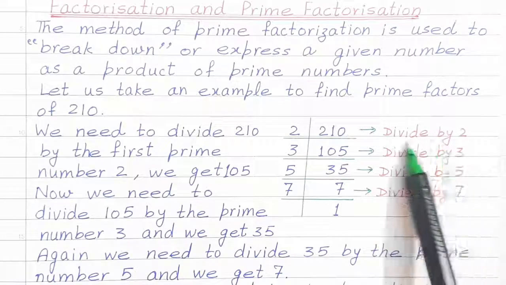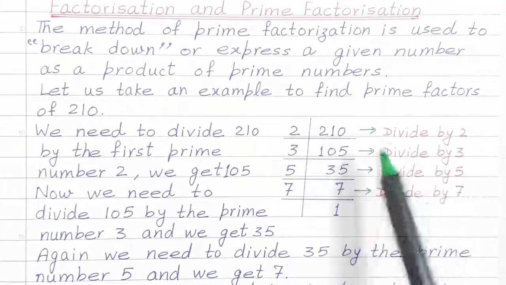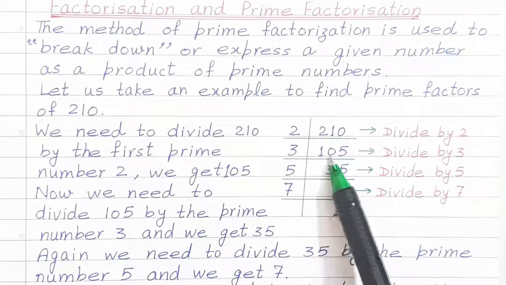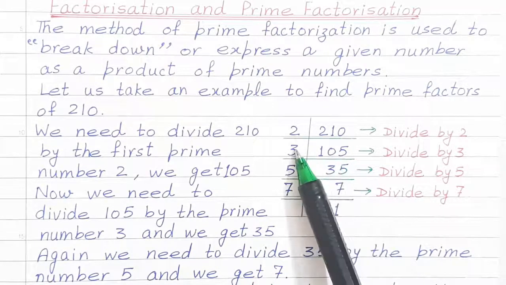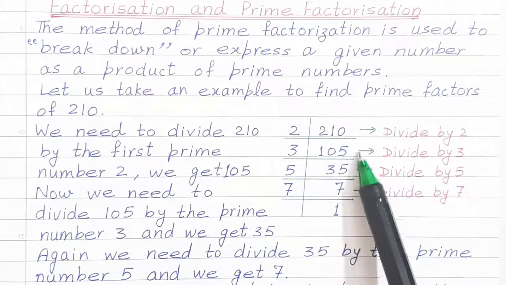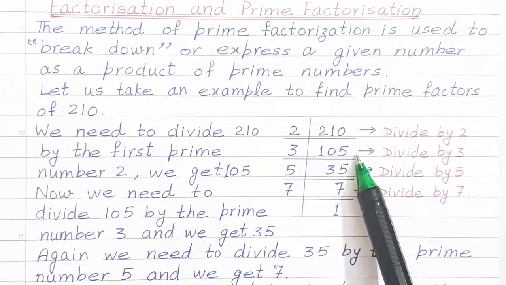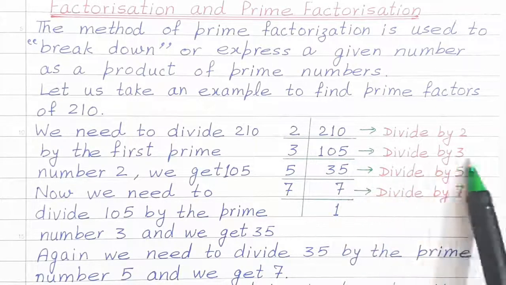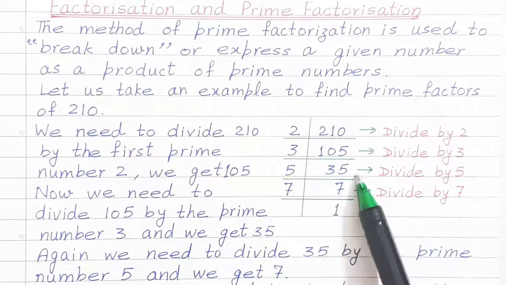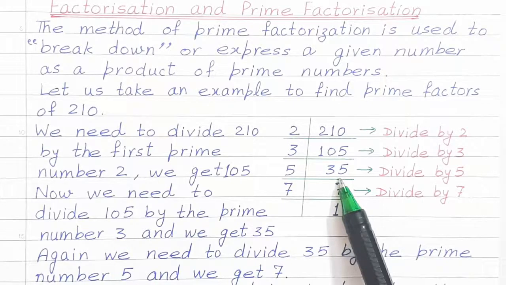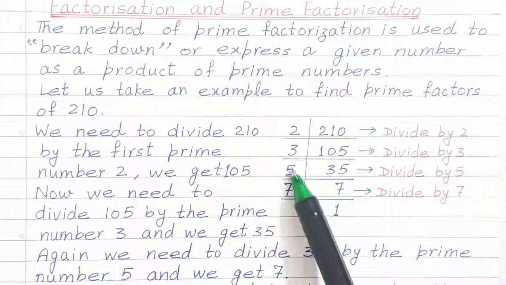Now divide by 2. So it is 105. Now we need to divide 105 by a prime number. So we divide by 3 to get the number 35. Again, we need to divide 35 by a prime number.